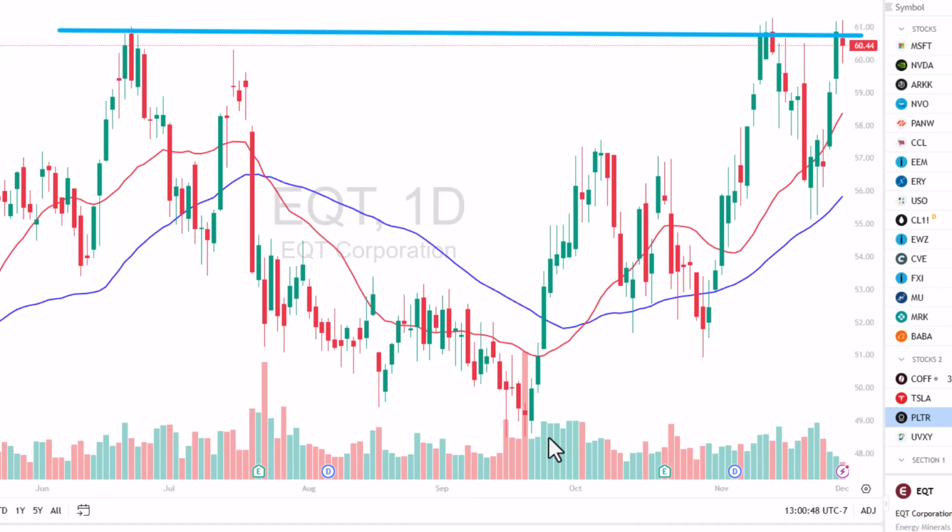That this is actually something with strength, that it is ascending, pressured against the resistance, eventually will likely break out to the upside, and away we go. So EQT, bullish candidate. We also had TRP, so let's clear this out.